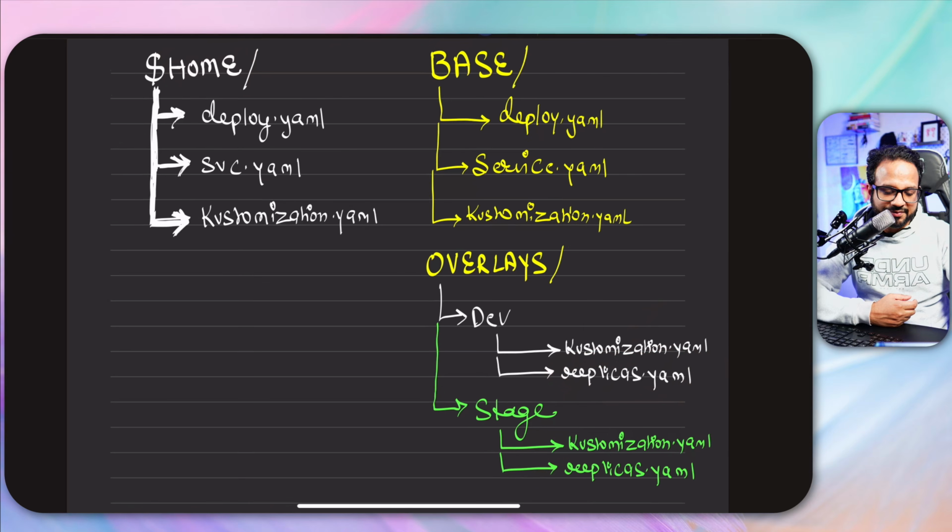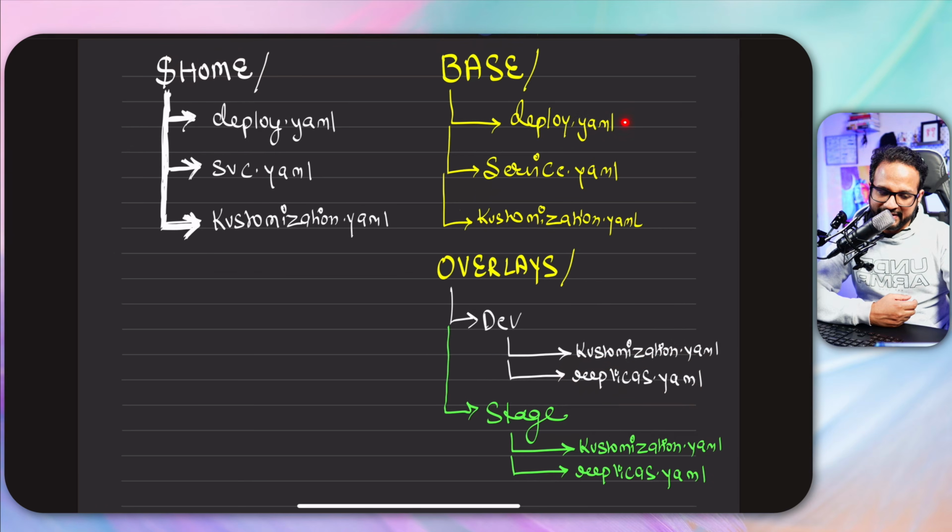For example, we want the base deployment YAML to be used for dev environment and stage environment. That's fine. Let's say this is an nginx file for a simple web application, and we want, for dev environments, 2 replicas should be created. For stage environment, 3 replicas should be created, right?